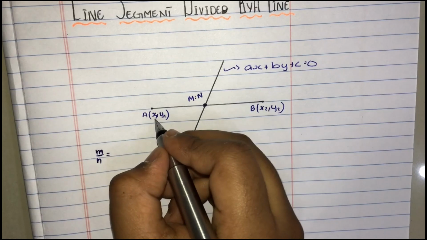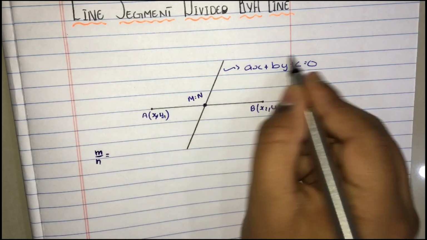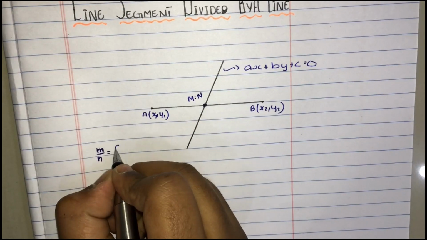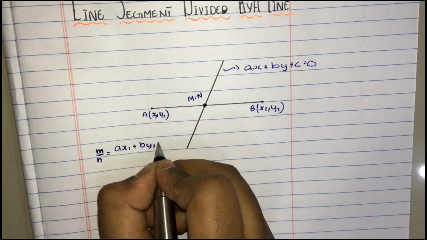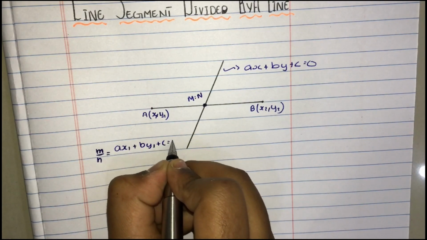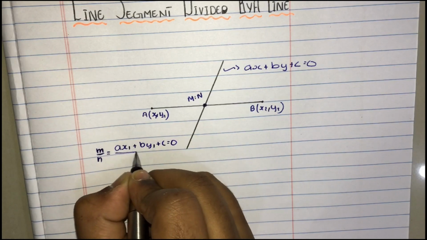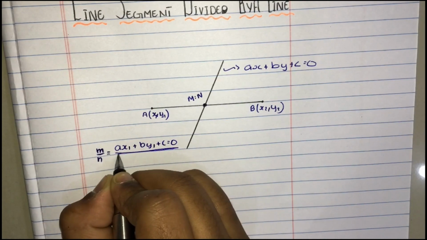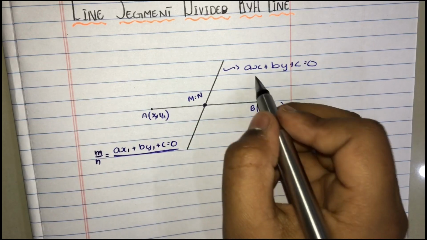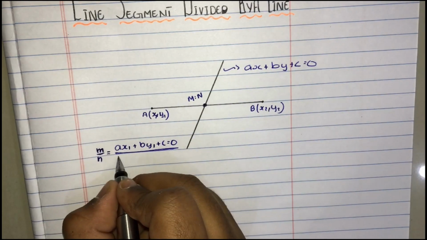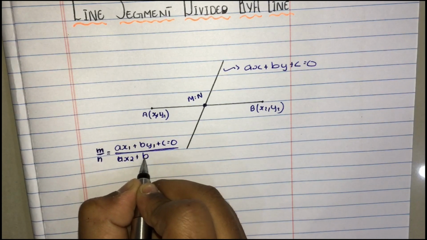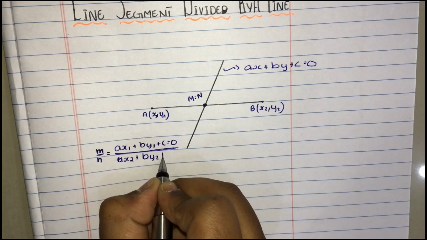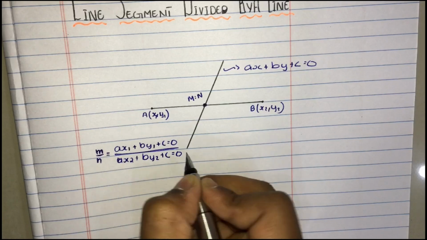First we should substitute x1 and y1 in this equation. So ax1 plus by1 plus c is equal to 0, and then ax2 plus by2 plus c is equal to 0.